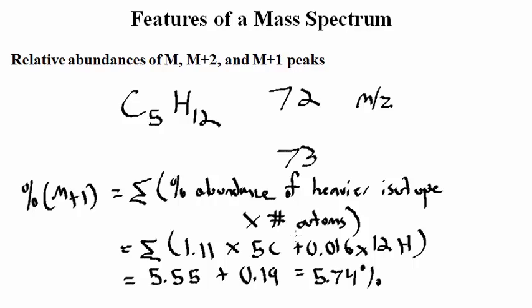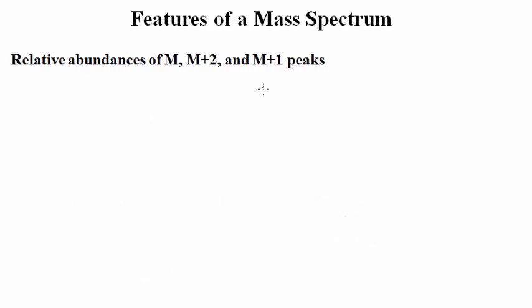Because the M+1 peaks are relatively low in intensity compared to the molecular ion peak and often difficult to measure with any precision, they're not often useful for accurate determination of molecular formulas. But the M+1 and M+2 peaks can be useful for getting a rough idea of the number of carbons, oxygens, sulfurs, and halogen atoms in your compound.